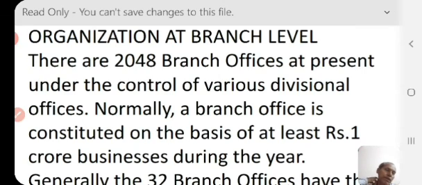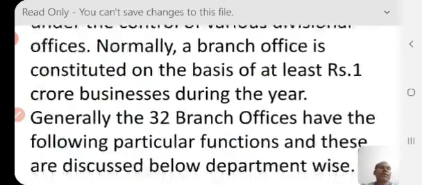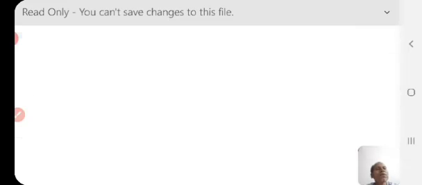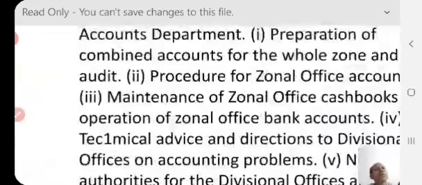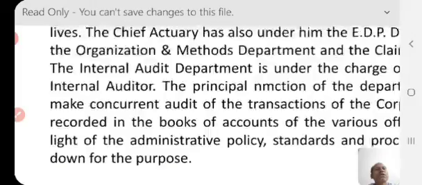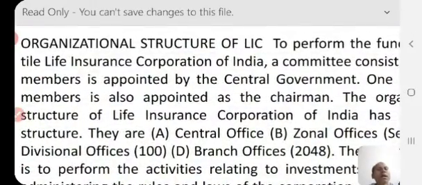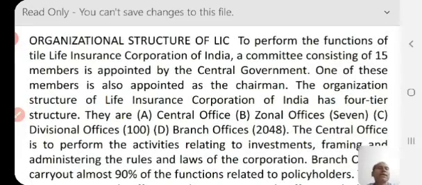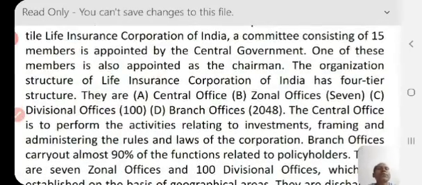So in this chapter we have seen the organizational structure of the Life Insurance Corporation. As we know, it was started in the year 1956, and it has a 15 member committee.